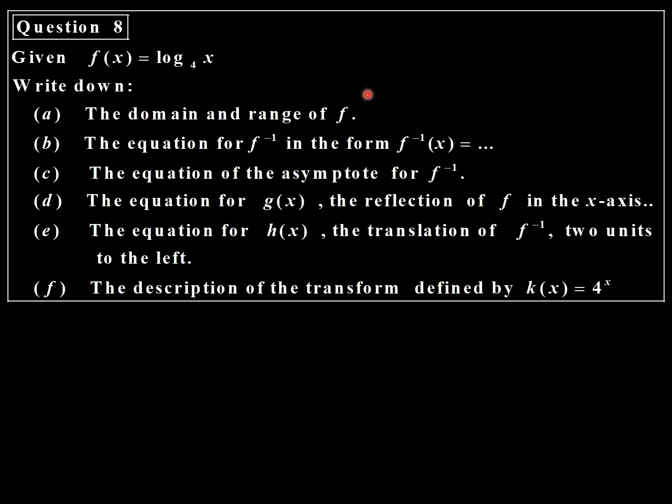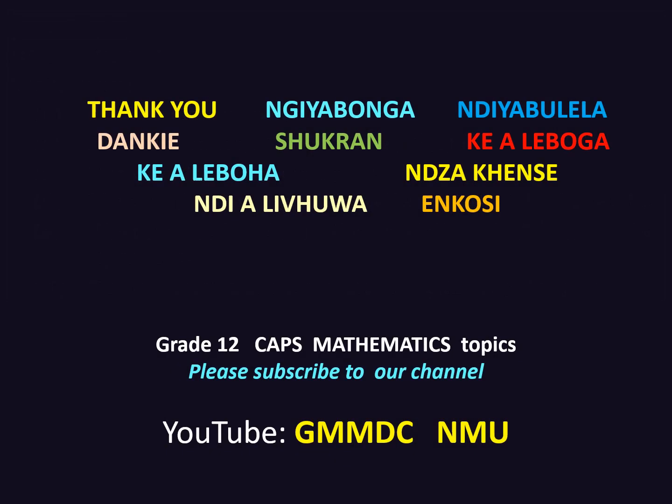You have to find the domain and range for it, find the equation of the inverse, find the asymptotes, and then there are some questions with regard to reflection, and some questions with regard to translation. And then here we have a question to do with the transformation from log base 4 to the exponential there.